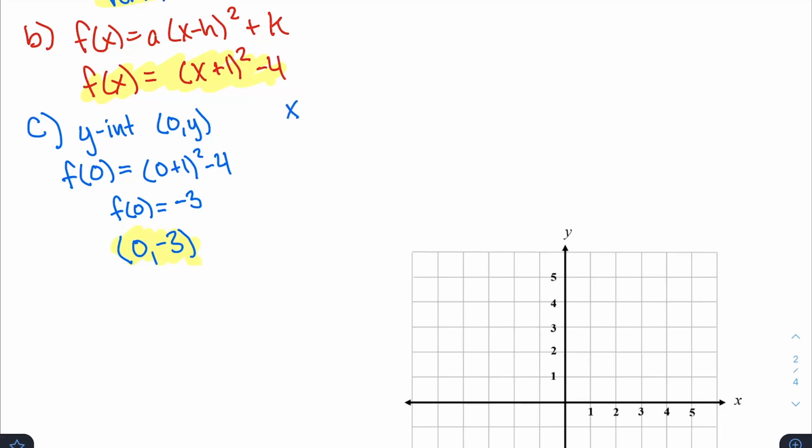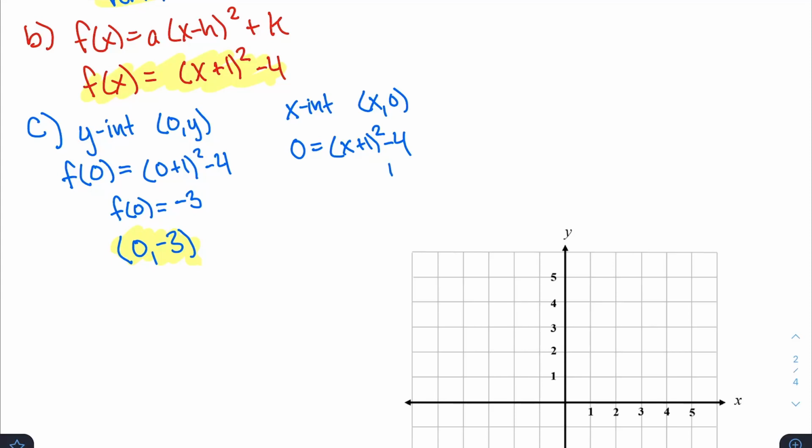For our x-intercept, we just have the reverse. We have what is x when y is 0. In other words, I set my entire equation equal to 0. So here I have x plus 1 squared minus 4 is equal to 0. Well, there's multiple ways that we can do this depending on your own personal preference.